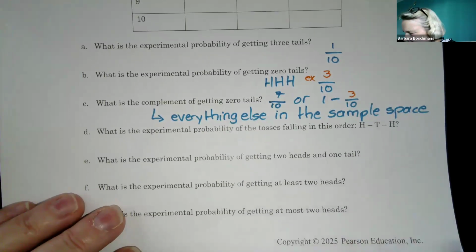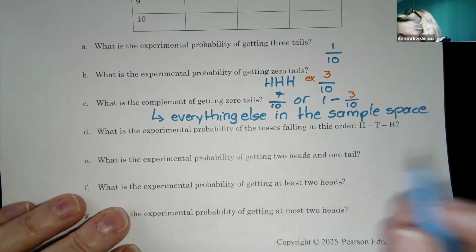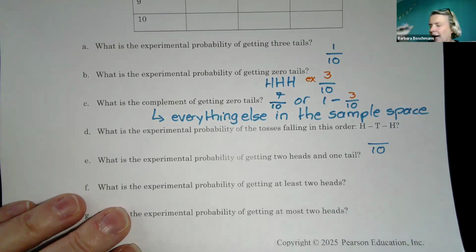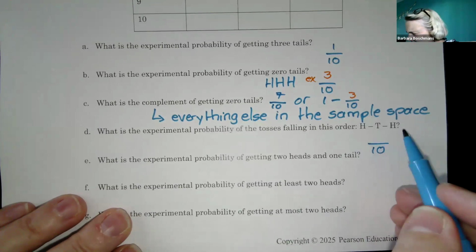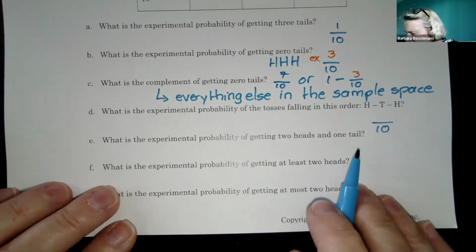That's a complement. What is the experimental probability of tosses falling in this order? HTH. That's out of 10. In your table, how many times did you get heads, tails, heads? What's the experimental probability of getting 2 heads and 1 tail?